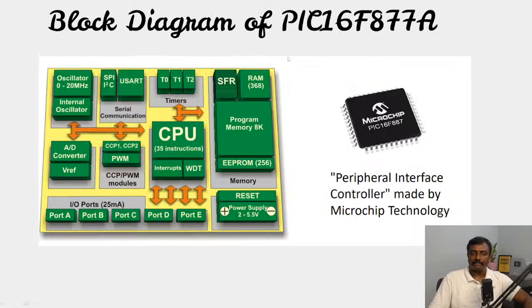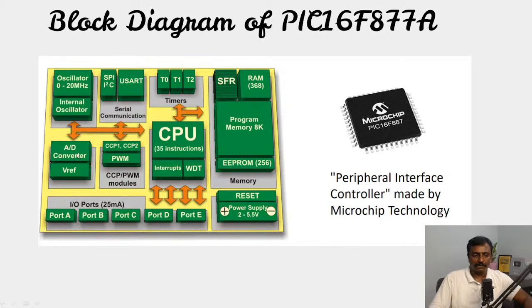If you check the block diagram of the PIC16F877A, PIC is from the company called Microchip. It's a proprietary architecture from Microchip itself. It has only 35 instructions, and when you compare with the 8051, PIC has the analog to digital converter on chip.